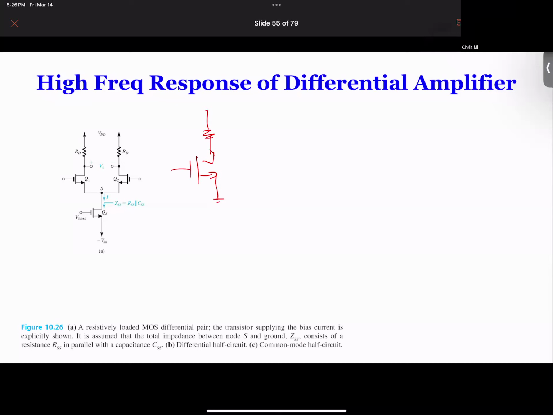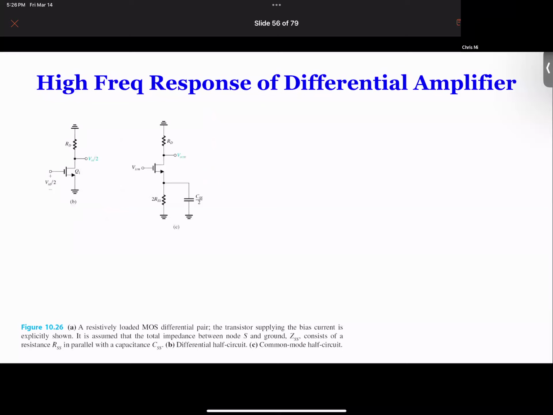So this is almost identical. Now, especially when you have, as I said, the differential input and common mode input, everything is almost identical. We already analyzed this circuit before, common source amplifiers for the gain, so we're not going to repeat it.